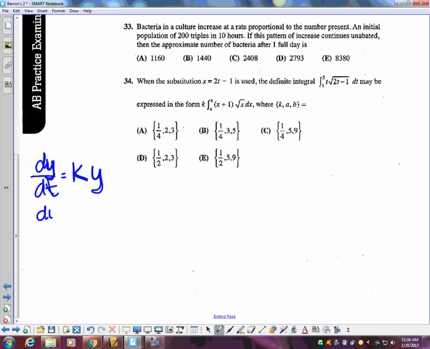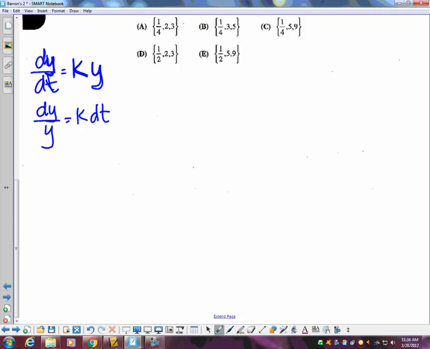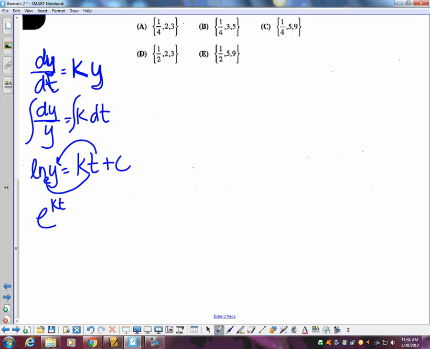Then you divide by y and multiply both sides by dt, and then you integrate both sides. So that's ln y equals kt plus c. And then you're going to snail it, so e to the kt plus c equals y.